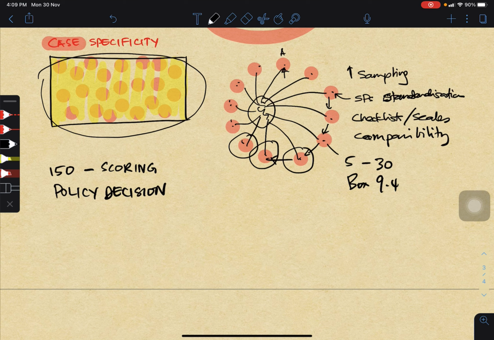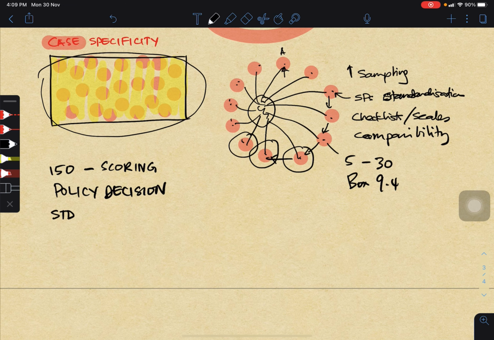Okay, standard setting for OSCEs. Usually if you use Angoff or other methods in which we look at the item, then we decide on the passing mark. It can be done, but it has been criticized.